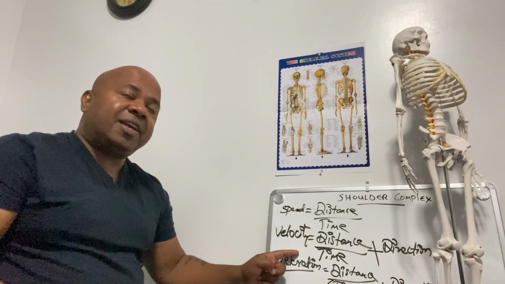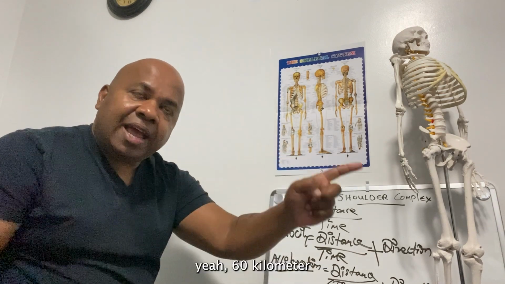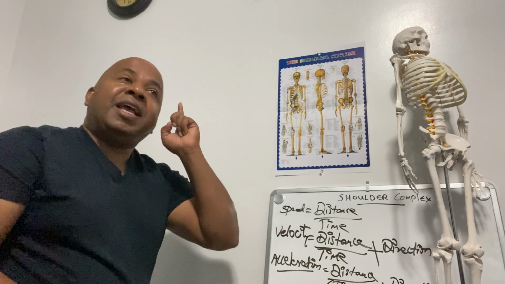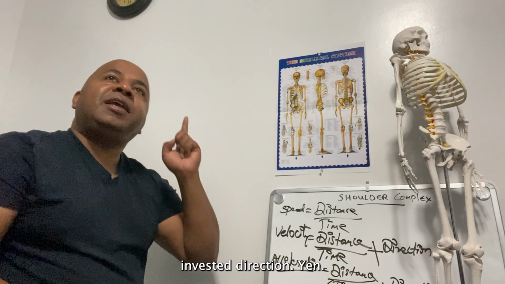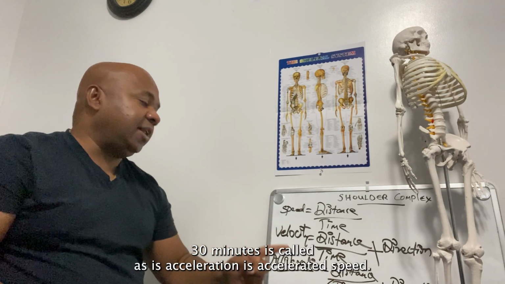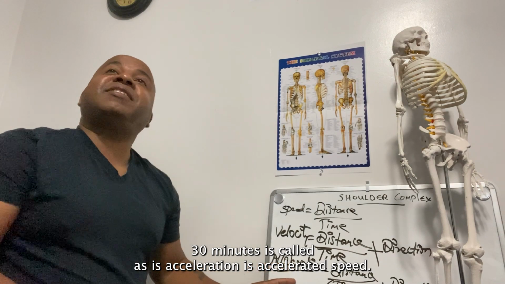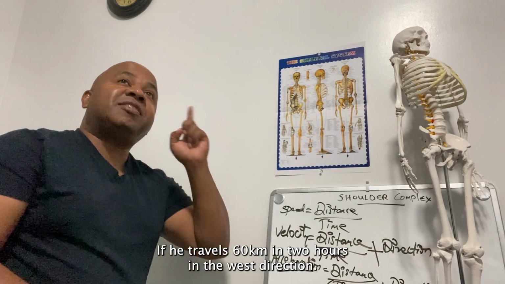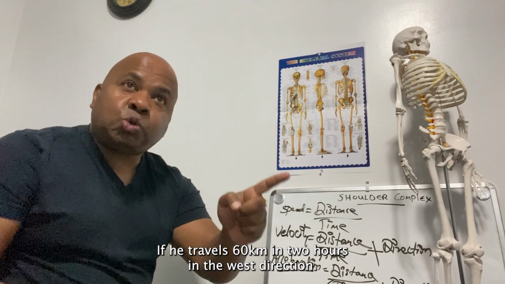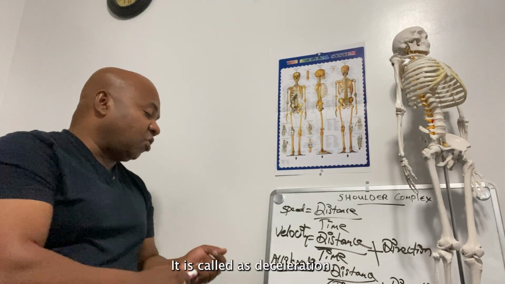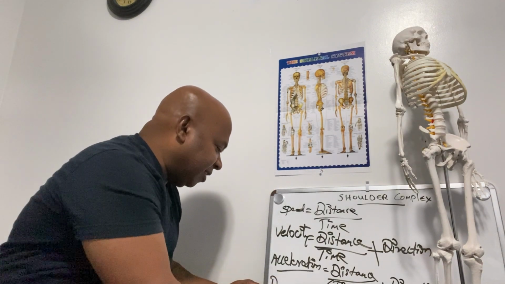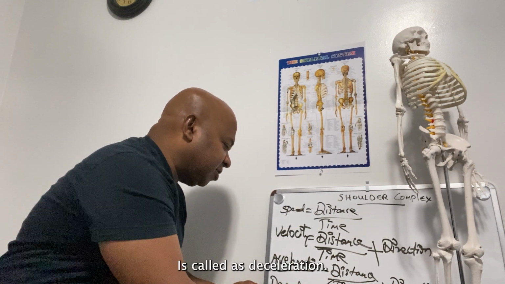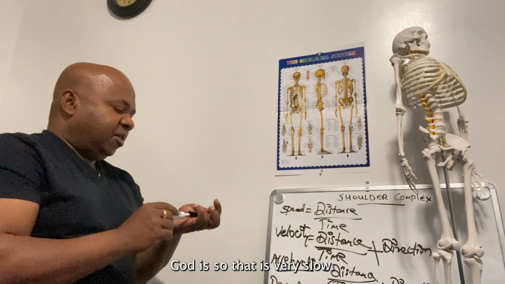If he traveled 60 kilometers in west direction in 30 minutes, it is called acceleration, accelerated speed. If he travels 60 kilometers in 2 hours in the west direction, it is called deceleration. Got it?